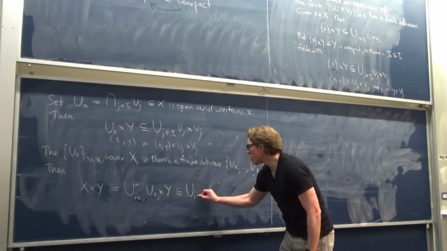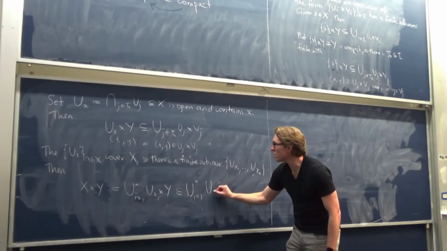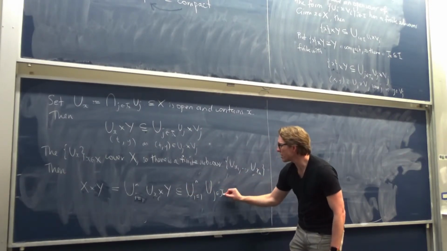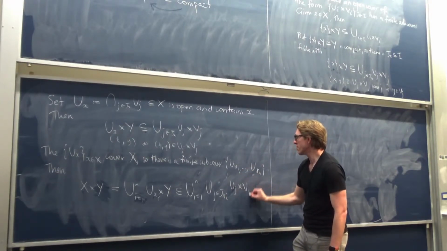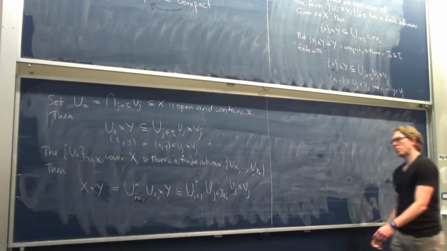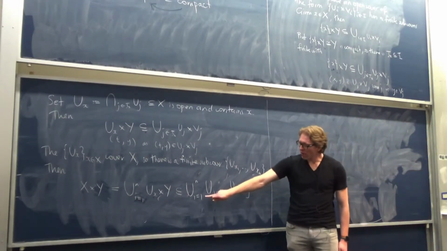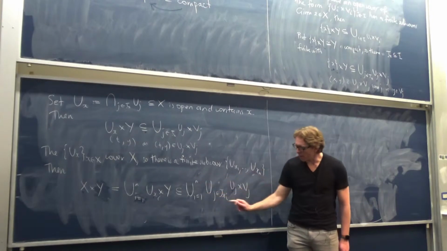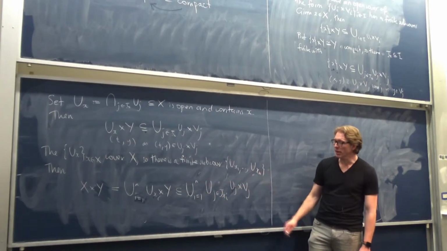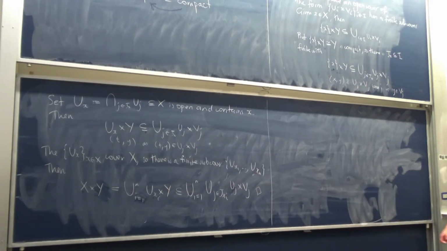And then replacing Uxi cross Y by this union, so that's the union over j in Jxi of Uj cross Vj. Well, but that union is finite, and per i, there's only finitely many elements j in Jxi, so that's a finite union of things in the basis. So we're done. Okay, so X cross Y is compact.